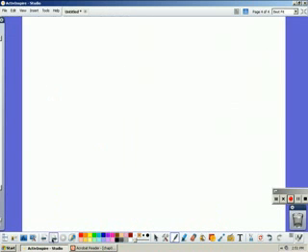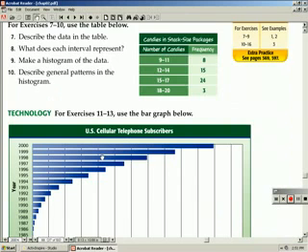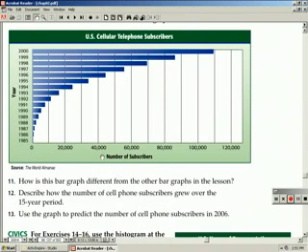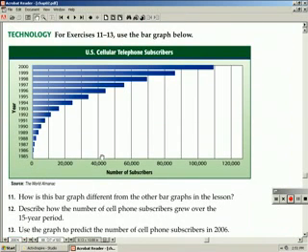So now what I want us to do is open our textbook to page 88.